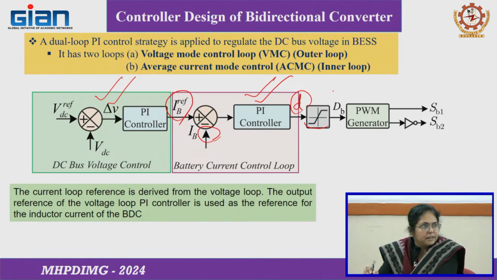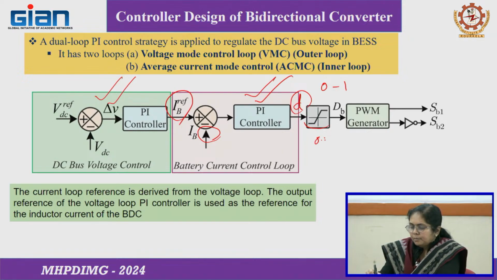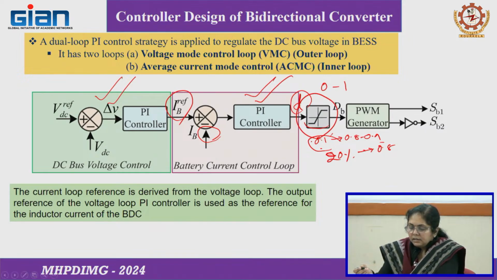Though the duty cycle can be varied from 0 to 1, practically it is better to use between 0.1 or 0.2 and 0.8 or 0.9, so we put a limiter here.